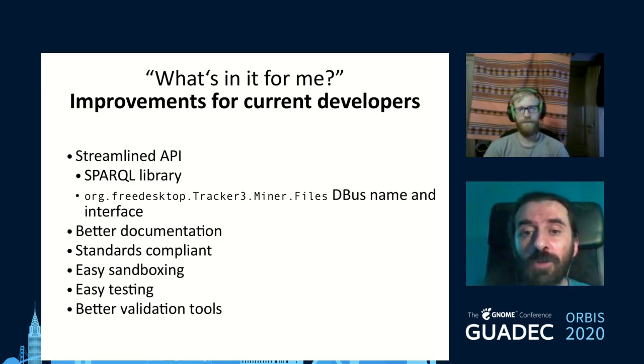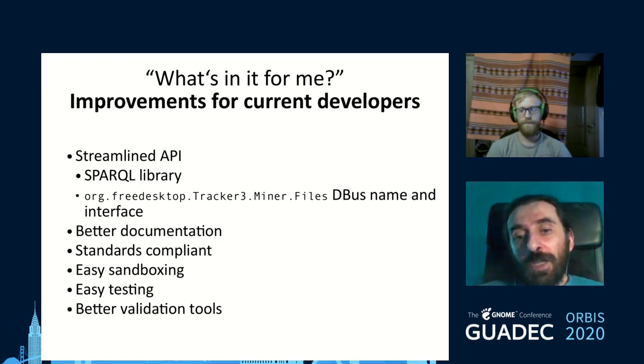It's easy sandboxing. You can now run fake endpoints or run your Tracker miner FS for testing with some target files, and Sam did quite a nice job here with improving the testing and the sandboxing of applications.